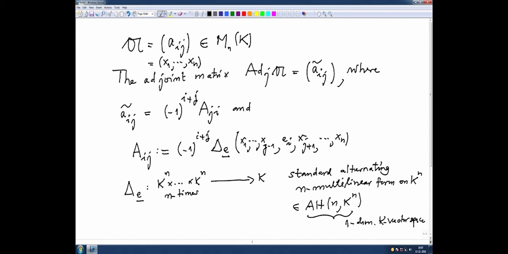So this was the adjoint matrix, and now I want to prove the adjoint determinant formula, but before that I will take this opportunity to also prove the expansion theorem.